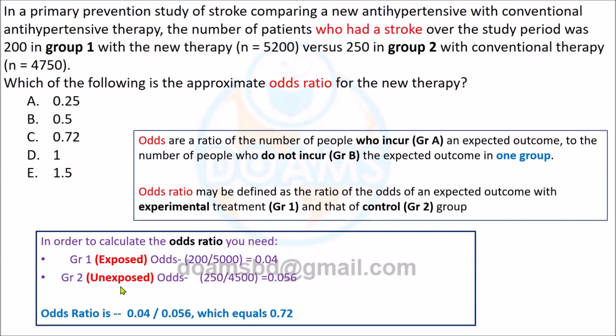And in the second group, the conventional therapy group, actually exposed and non-exposed, I follow the previous wording. One is the new therapy group, the exposed. Another is the unexposed, the conventional therapy group, group 2. These are the odds. So the odds ratio will be the new therapy odds divided by the conventional therapy odds. It will be 0.72. So this is the answer.